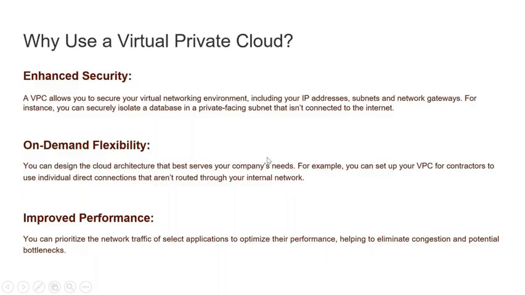But try to understand, if you have databases installed on servers, you can move those servers into a private subnet. When a subnet is private, the databases running in those servers cannot be accessed by end users. So nobody can access them using the internet. Such kind of security you can provide by using a virtual private cloud.